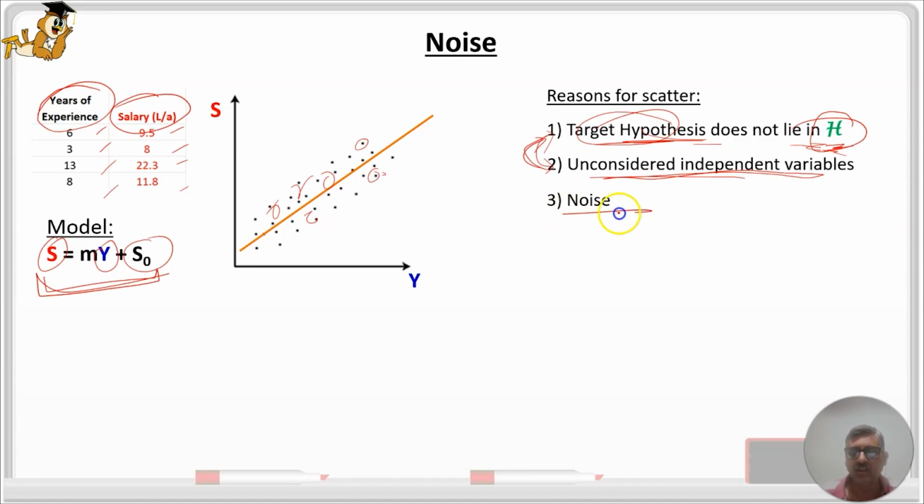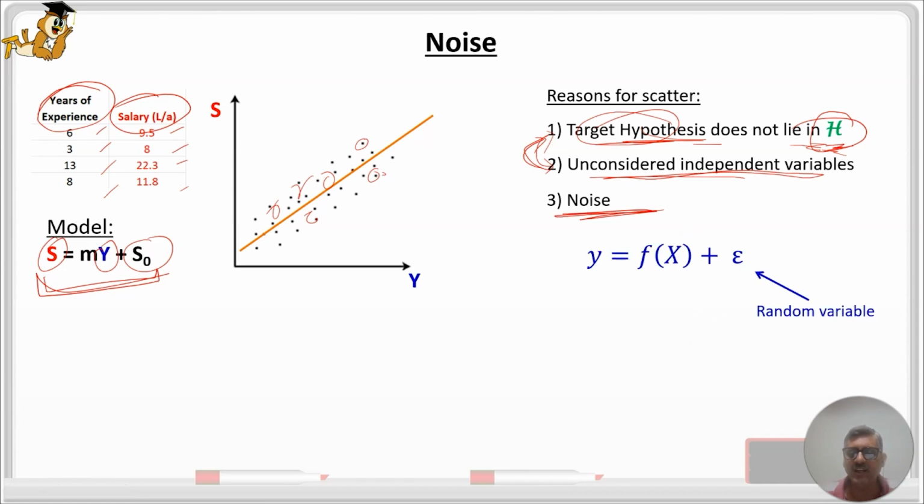Noise is that unexplained randomness that is visible in your input-output relationships. It's the unexplained randomness in the input-output relationships in your data. That is noise. And it is often modeled in this way.